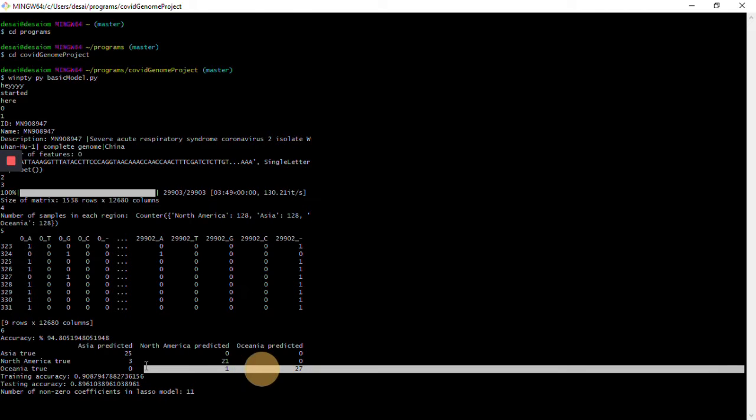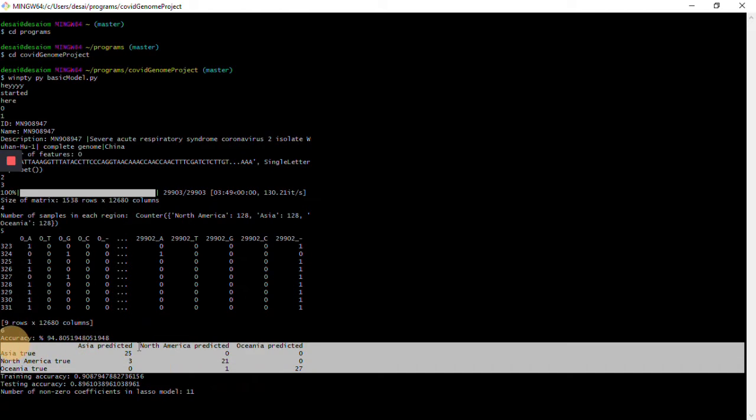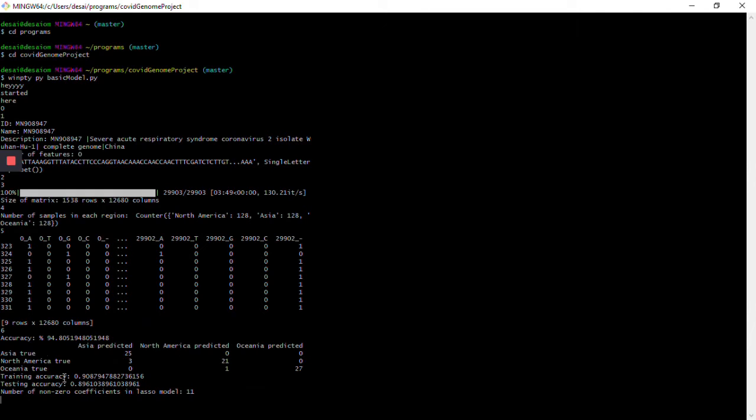Next, this is a confusion matrix, and as I described earlier, it gives a more detailed overview of how the model performed. So you can see that 25 out of the 28 times it predicted that a coronavirus sample came from Asia, it was actually from Asia, but 3 out of those 28 times it was actually from North America, and the same general thing with the other 2.